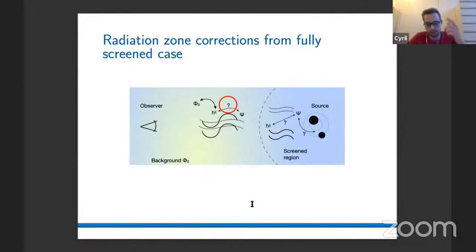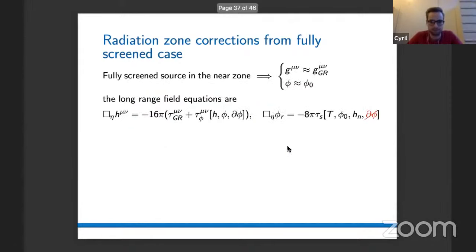And finally, maybe the most promising contribution from the scalar field, because we expect this to be unscreened. We need to know the scalar field in the radiation zone, and then calculate its retarded integral.